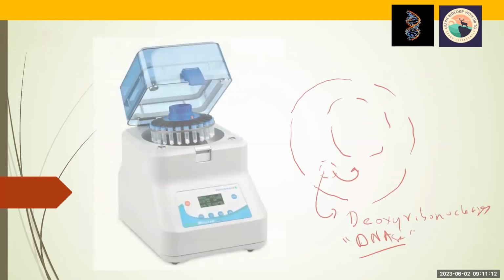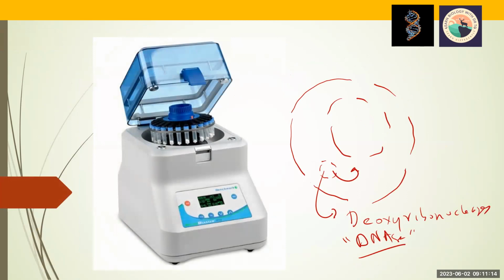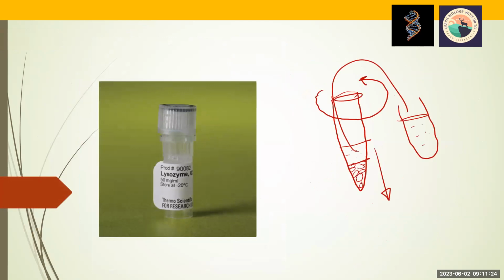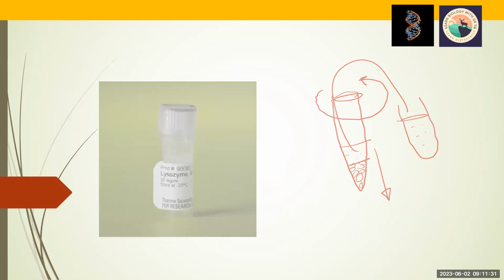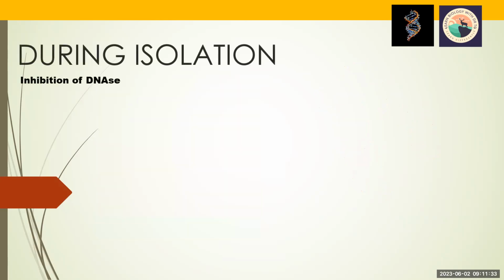So what we learn there, we can use a mechanical method or chemical method, and we can disrupt the cells and take out the DNA. During this procedure, we have to add certain things. This is an enzyme. We can lyse the cell membrane and take the DNA out of the cells. One of the important steps we should always keep in mind is that we have to add DNase inhibitors.